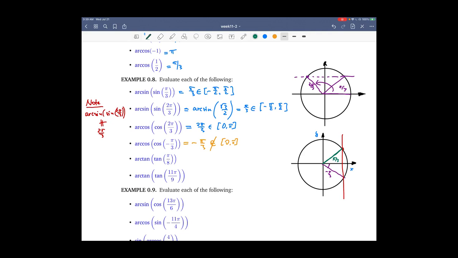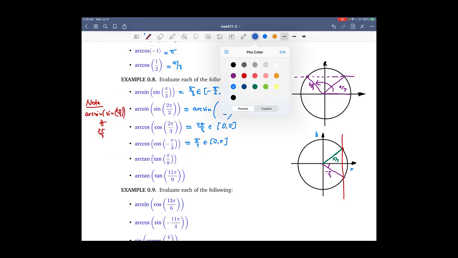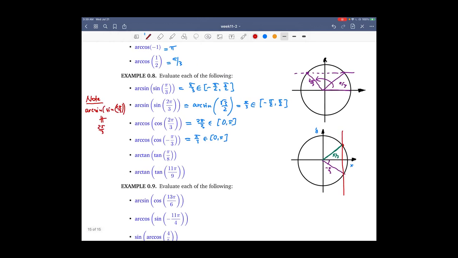And pi over 3 does lie in the interval 0 pi. So we can say that arc cosine of negative pi over 3 will be pi over 3. Just like before, make sure you understand very well why the answer negative pi over 3 here will be wrong.